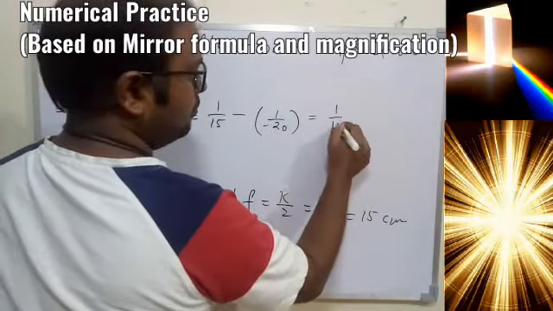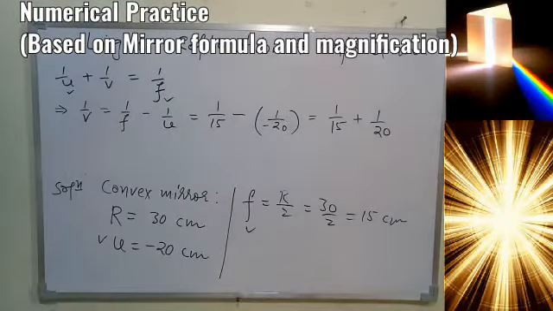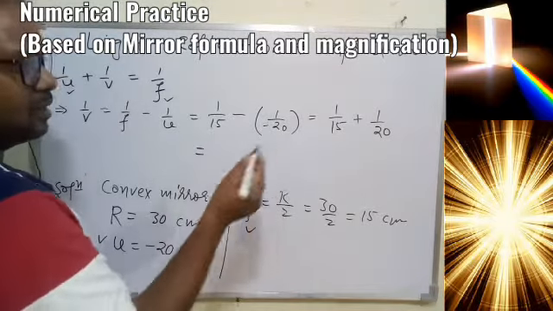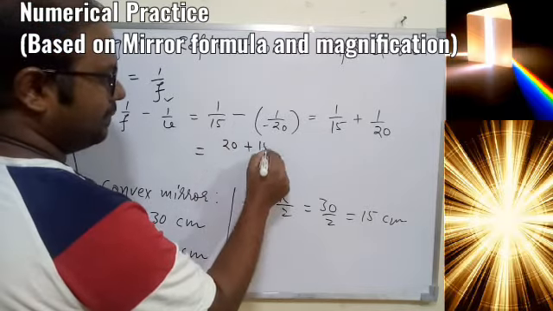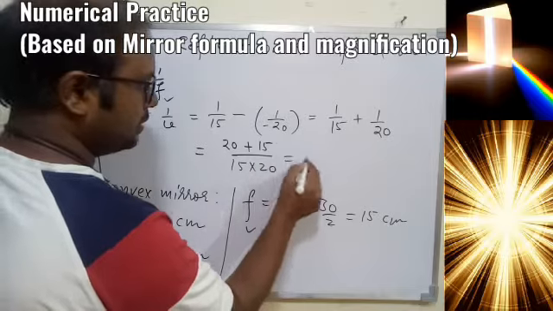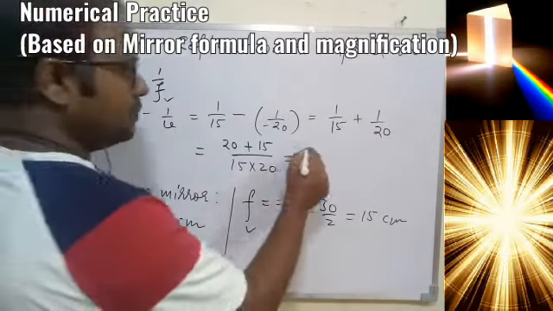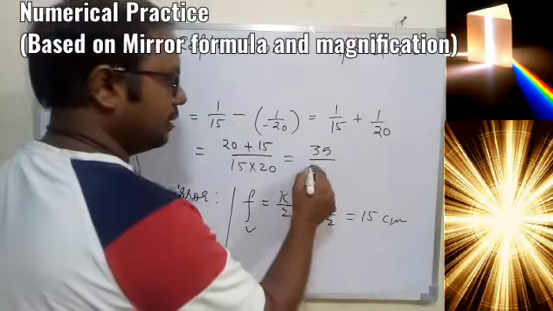So again this will become plus, because minus minus is plus. Solve it. Again we'll get 20 plus 15 by 15 into 20, that is 35 divided by 300.